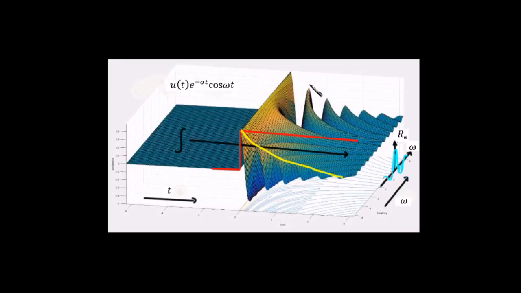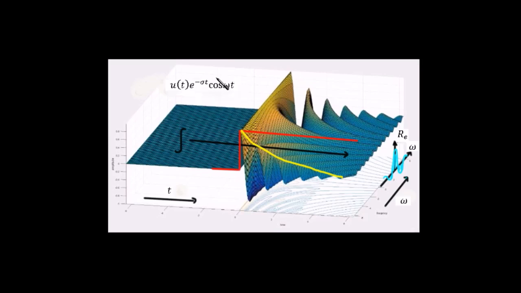So this is the first part of our graphical representation of the Laplace transform. We have this cos omega t surface, but it's going to be modulated by this u of t e to the minus sigma t. If there wasn't any modulation, this would just be a normal cos omega t surface, which would extend off to infinity in both the time and the frequency axis.